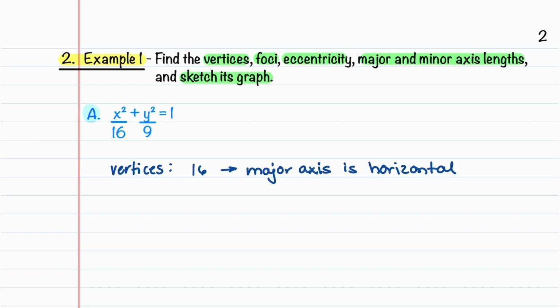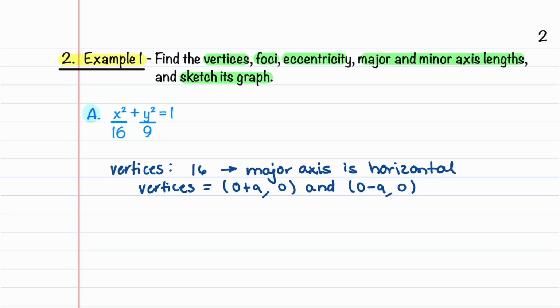Our ellipse is centered at the origin, so we can write down that our vertices are going to equal 0 plus a, comma 0. That's to the right of the center. And 0 minus a, comma 0. That's to the left of the center.